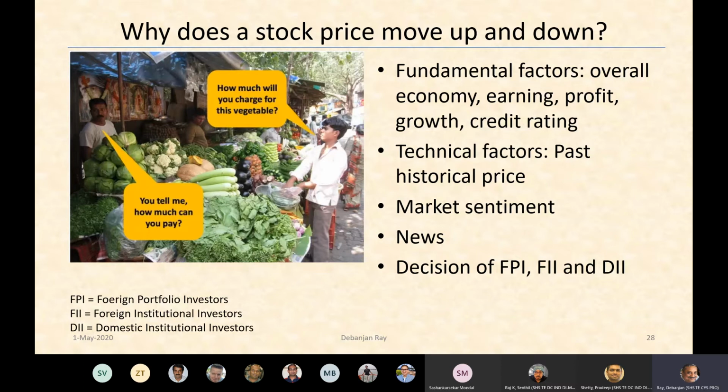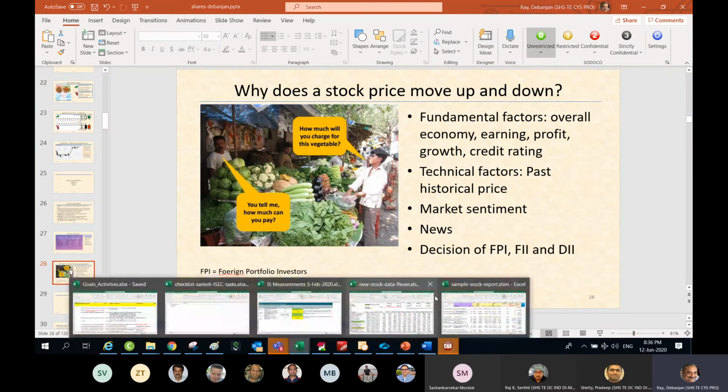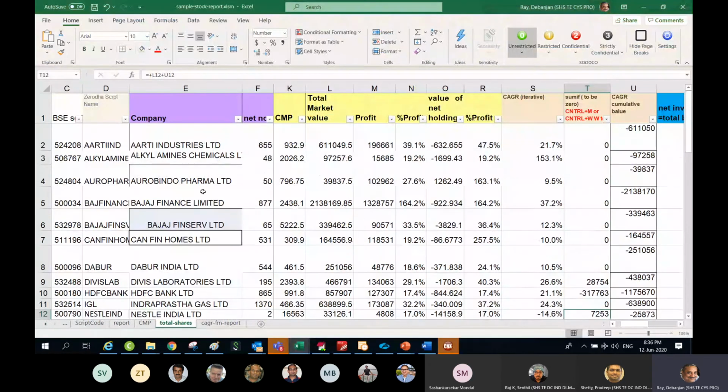Now, 4 years back, he predicted that. I did not exit, because I knew that it is going up, up, up. Even during the COVID fall, the Bajaj Finance stock was going up. I did not exit from the stock. Still, my profit percentage is 164%.